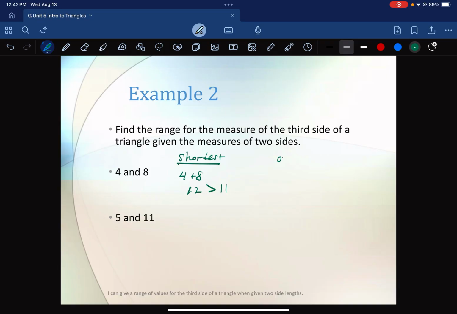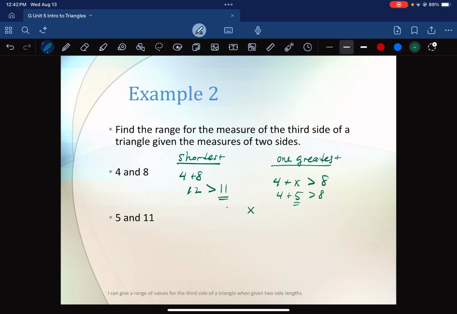So then we've got 4 plus x has to be greater than 8. What do you add to 4 to make it bigger than 8? Well, 4 plus 5, because 4 plus 4 doesn't work, but 4 plus 5 is greater than 8. So that third side has to be somewhere between 11 and 5.